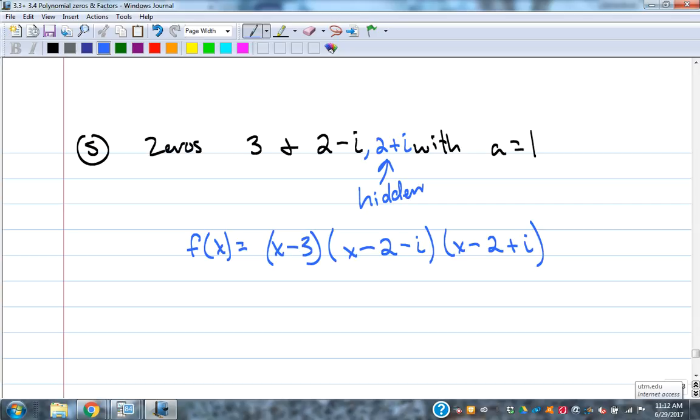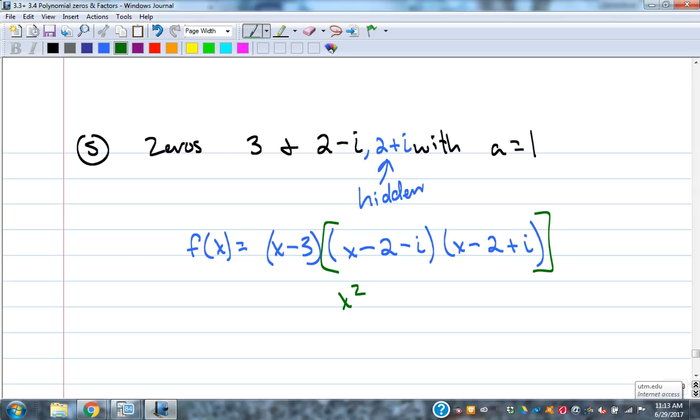Shortcut time. I'm going to show you the shortcut because it's easier than multiplying it out step by step. The shortcut is to multiply these two guys together first, obviously the same way we did the square roots. But the shortcut comes into multiplying it together. So what we're going to do is say x times x is x squared. And then to get that number that's in the middle, that's going to come from the real part of that complex number, which is the negative 2s.